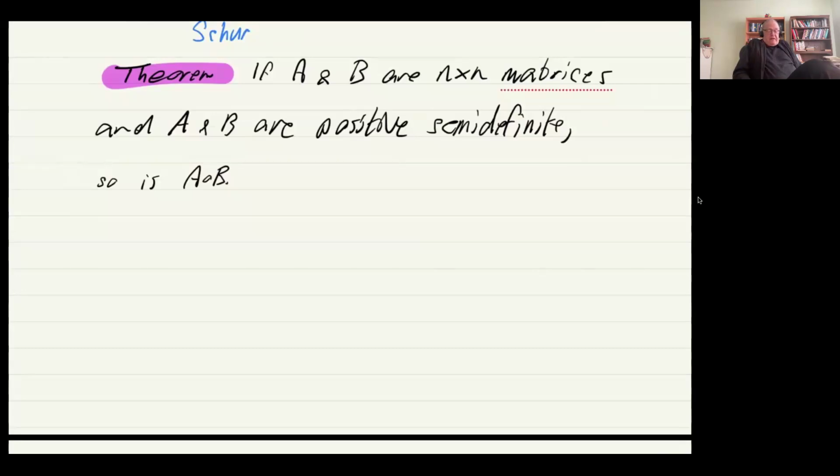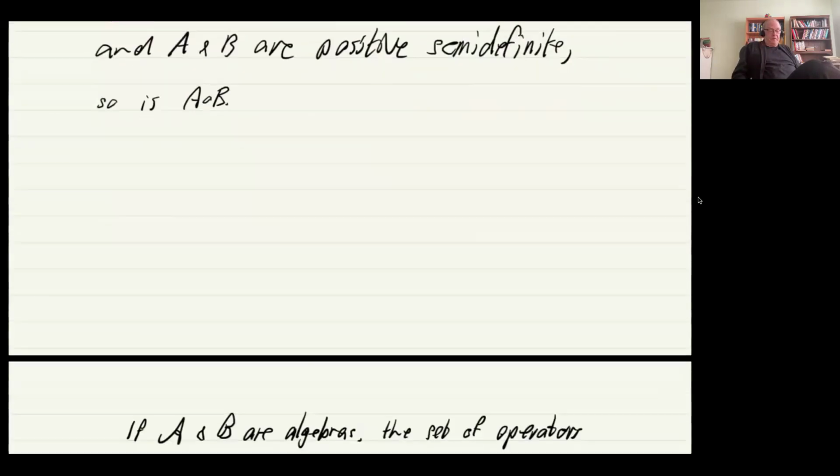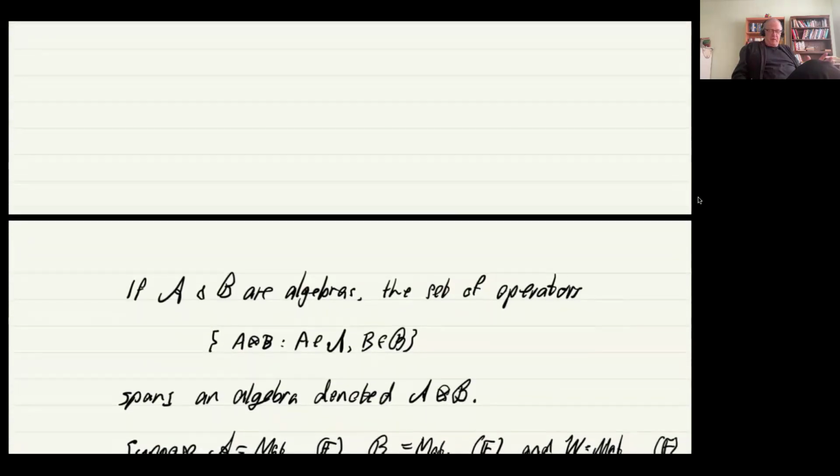There are some quite short proofs. To give a broad hint, first think about the rank 1 case. If you verify this for rank 1 matrices, and then use that to prove it for the general case, I think that might be the simplest proof. But as I said, there are a number of ways of proving it.